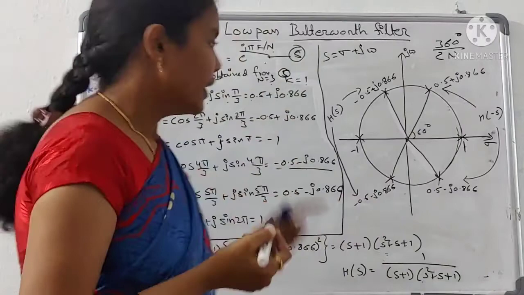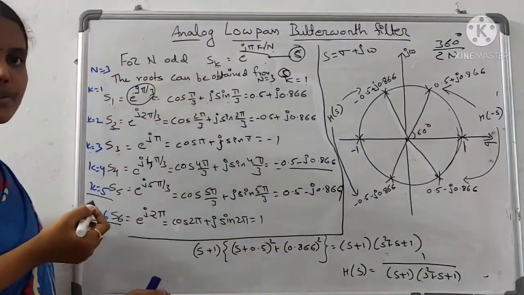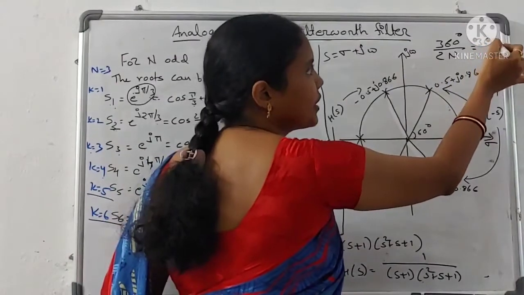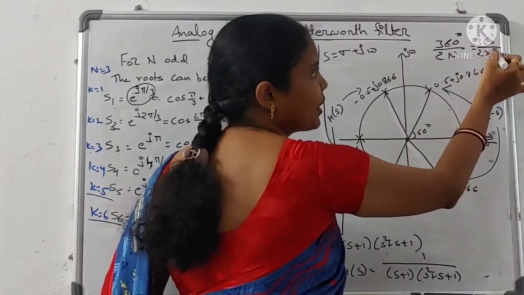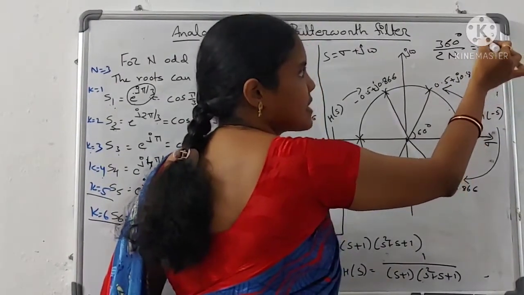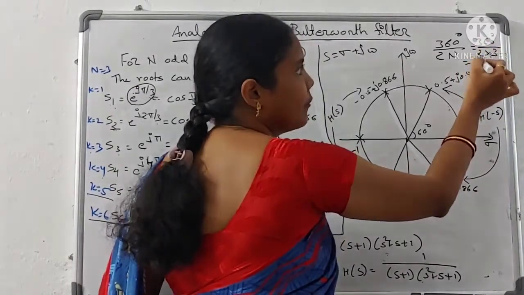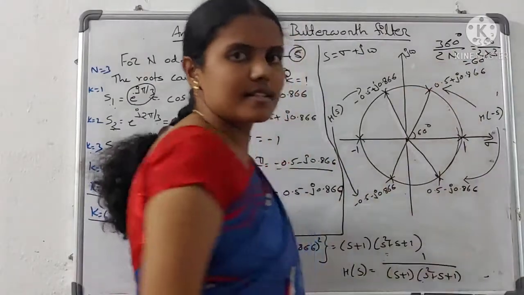Here what n value have we taken? We have taken 3. That is 360 degrees divided by 2 into 3, which is 6. So 360 degrees divided by 6, you are getting the angle as 60 degrees.